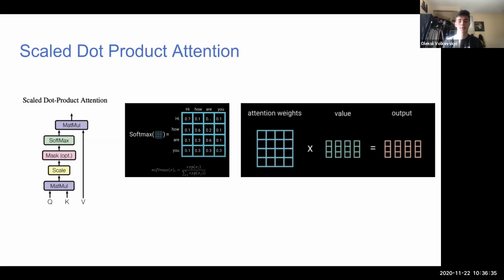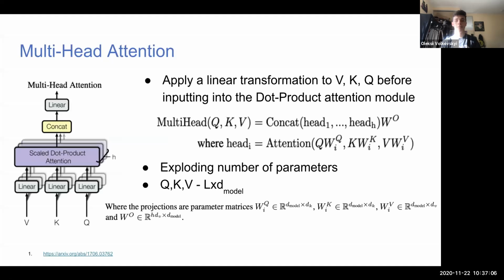In practice, when you have multiple attention heads, like here the word how, one head might point to how, and another head might point to R. It's not going to be 0.5, 0.5, right? It's going to be like 0.9, and in another head 0.9 here. So each head in the end ends up pointing to a very specific other word. And then when you concatenate, you're combining that context from all the heads.